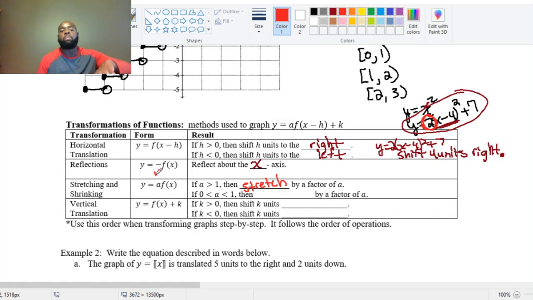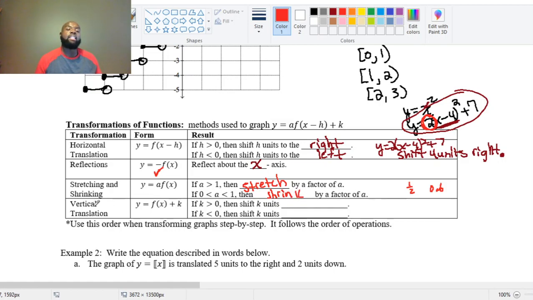If the negative is multiplied out front, it's going to reflect about the x-axis. That's what we have here. But we're not talking about anything less than 0. We're just talking about positive numbers now. All right. And so if it's bigger than 0 but smaller than 1, or something like a half or 0.6, then it's actually going to be a vertical shrinkage. So it's going to shrink our graph by a factor of a, all right?